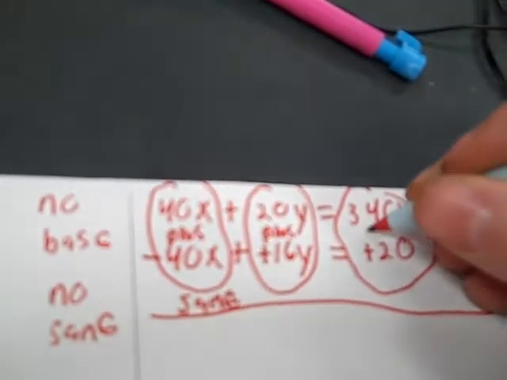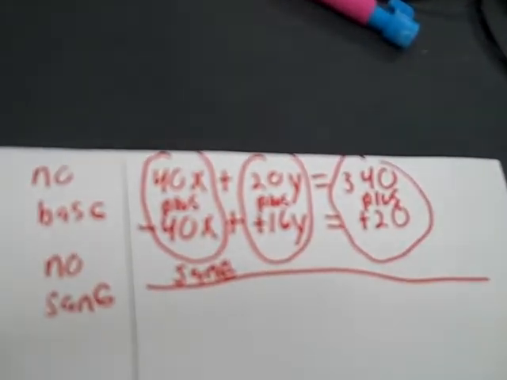Okay, and now I'm going to add. So I'll write the words plus, plus, and plus. You're always going to plus. So I take 40 plus negative 40. Okay, so I got 0, so don't write anything, just slash that out. And then I have 20 and positive 16, so 20 plus 16 is 36 with y.